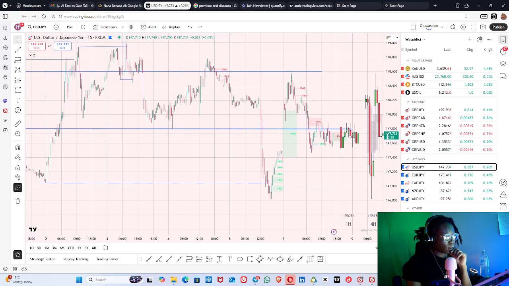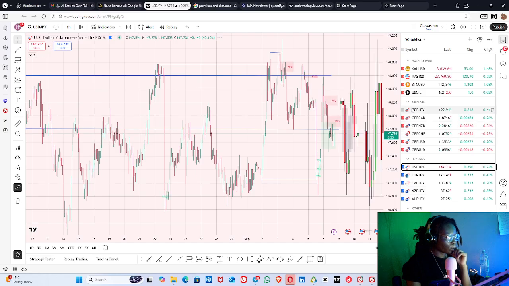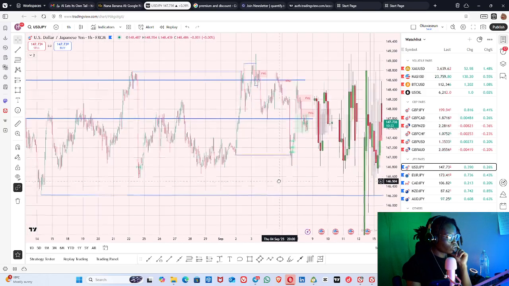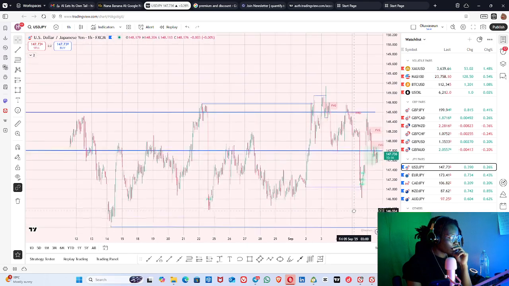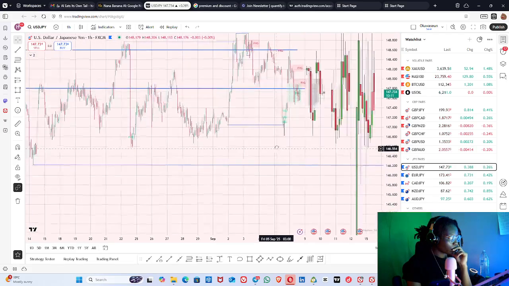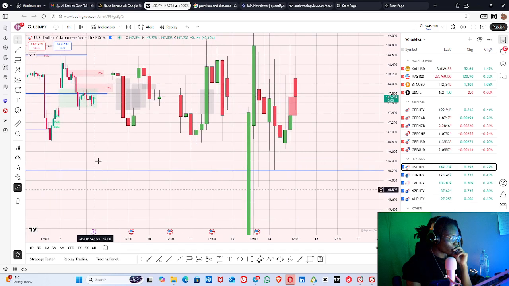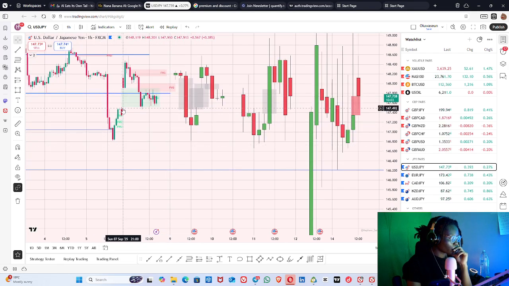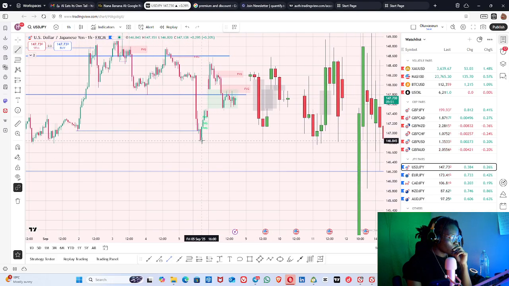Yeah, so that's all I'm seeing. Not really seeing anything substantial, and I don't want to force a trade. I'm not seeing anything like that. I'm not seeing any entry.